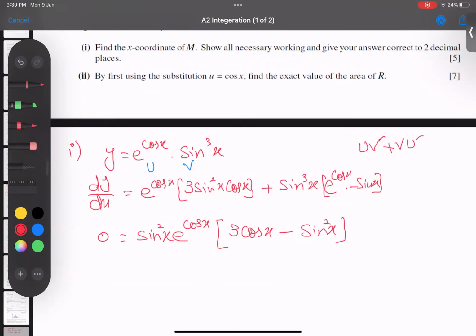Let me recheck once again. I think it is exactly okay. Now, whenever the product of 3 parts is 0, either this is 0, or this is 0, or this is 0. So sine square x is equal to 0, e to power cos x is equal to 0, or third option, 3 cos x minus sine square x is equal to 0.